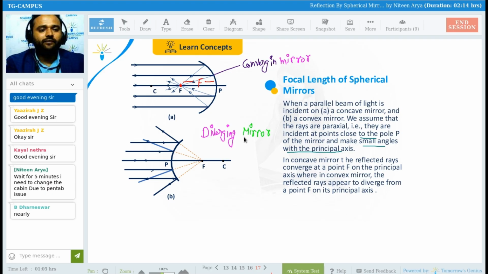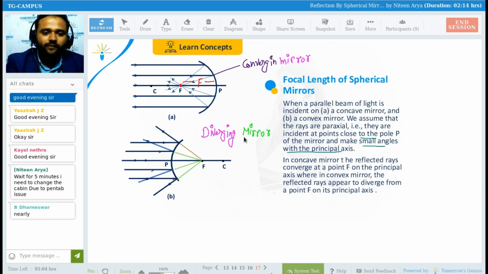But we have a focus, we have a focal length, we have a center of curvature also. So in this particular scenario, what is happening? They seem to converge, or they seem to meet at a single point, and these dotted lines are basically virtual reflected rays, because they are not happening in real.